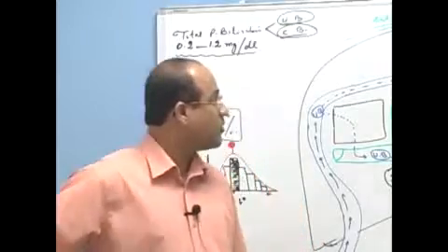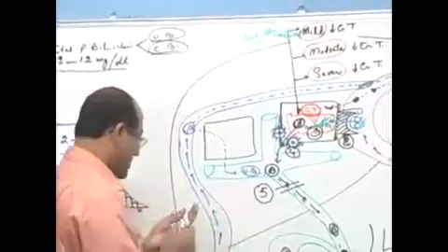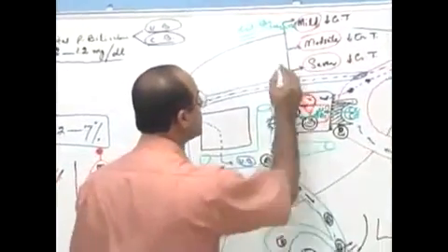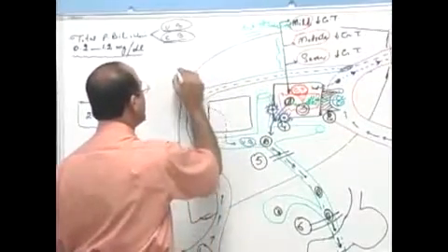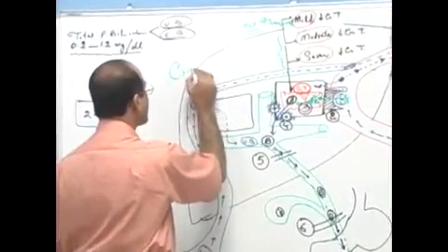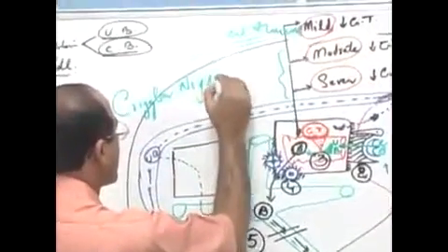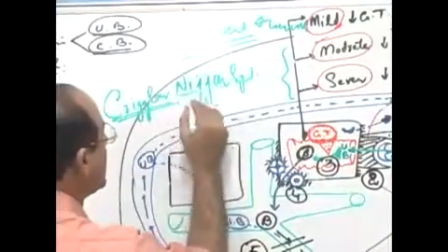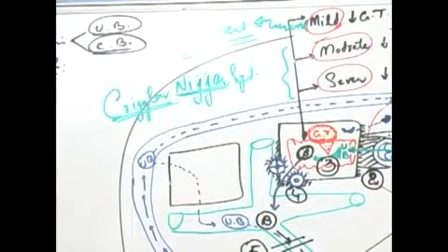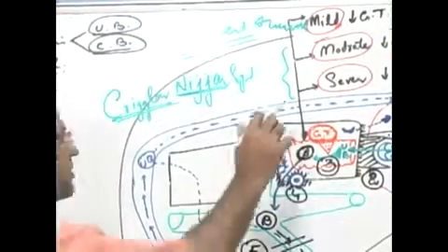Now we come to the problem of those who have moderate and severe deficiency. The people who have moderate or severe deficiency of these enzymes are labeled as Crigler-Najjar syndrome. This Crigler-Najjar syndrome again is of two types.